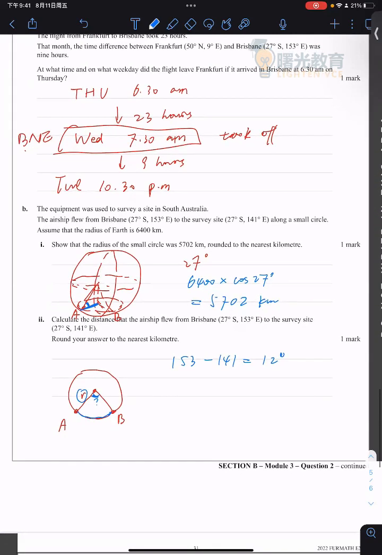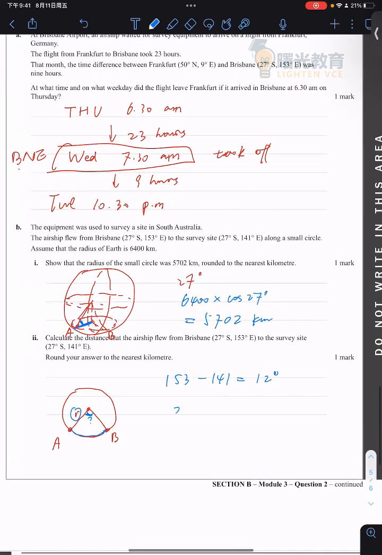So your answer would be the circumference, 2 times pi times 5,702, and then multiplied by 12 degrees out of 360 degrees. And the answer is rounded to 1,194 kilometers.